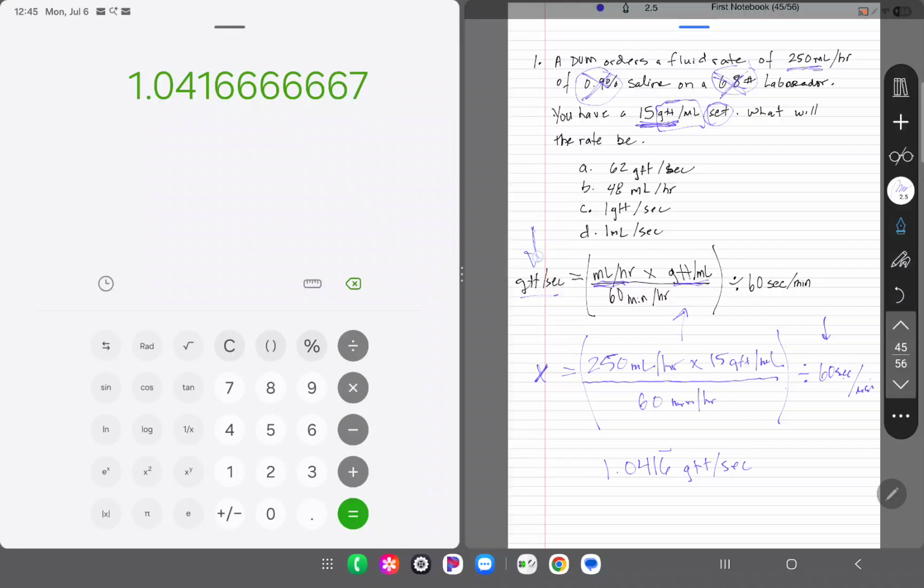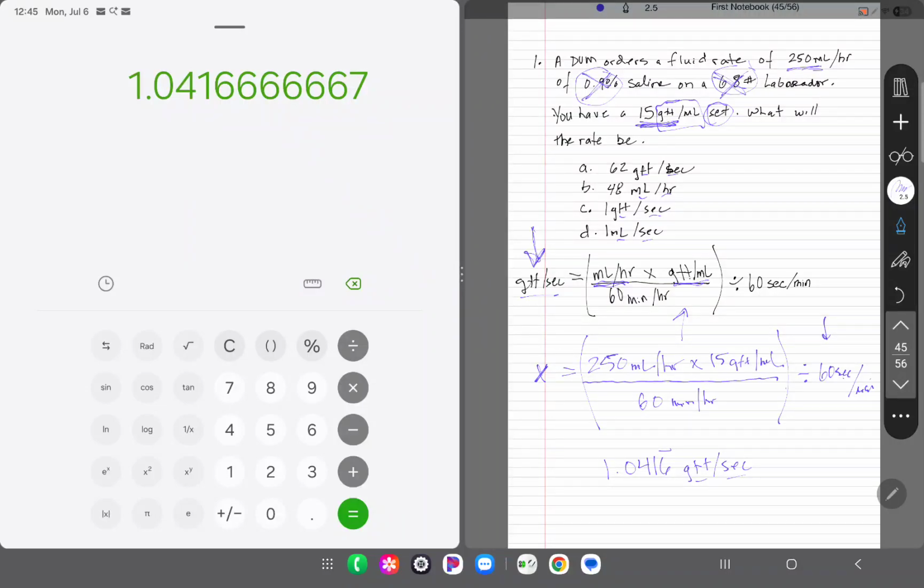Again, memorize this. Because when you take that answer and you look up here, I have GTT per second, I have mil per hour, I have GTT per second, I have mil per second. They're going to do that to you. They're going to put in any and all units that they feel will trip you up. But you're not going to be tripped up because you've memorized this equation. You know the answer is always in drips per second.